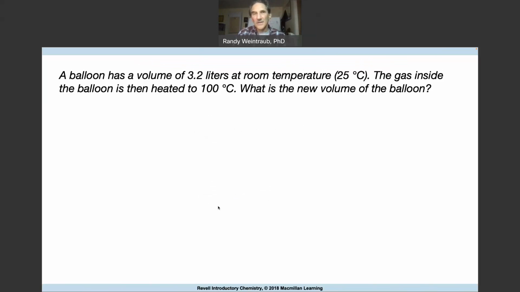A balloon has a volume of 3.2 liters at room temperature, 25 degrees C. Inside the balloon is heated to 100 degrees C. What's the new volume? So in this example, we write down information we have and what we want to find. Convert the temperature to degrees Kelvin.